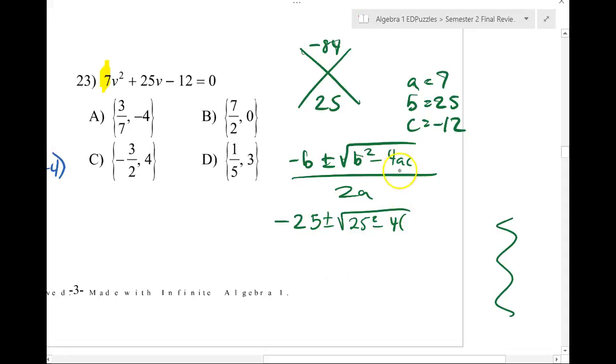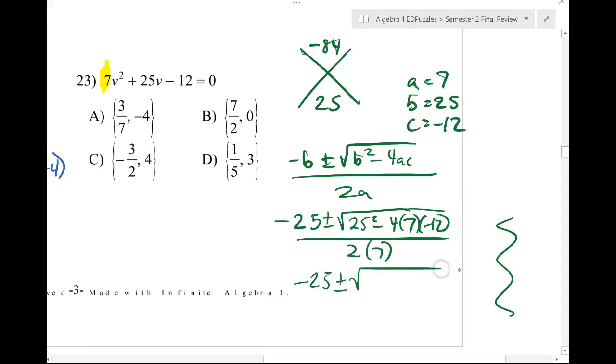Times a, which is 7, times c, which is -12, all over 2 times a, which is 7. Okay, and what you could do is just simply plug all this in the calculator. But just remember, the first time you do it, you're going to want to do it with plus, and the second time you're going to want to do it with minus. And I'll show you how to do that in a minute. But first, let's just evaluate it without the calculator.